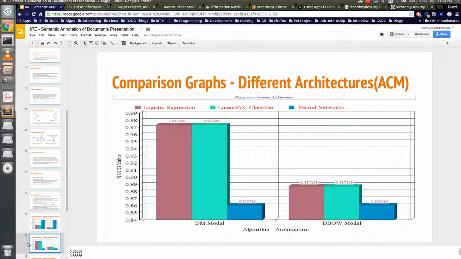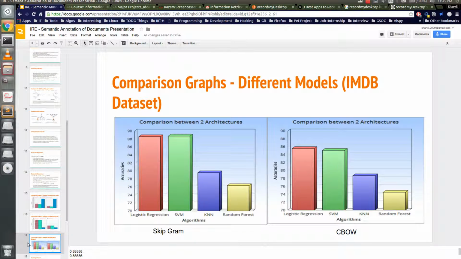For the NDCG value, however, the neural network gives the least value. Maybe this is because of the macro averaging property of the MAP value. Clearly in this case the logistic regression and the linear SVC classifier give the best values, with the neural network performing the least. The NDCG value goes as high as 0.97, whereas for the neural network it falls to around 0.86.